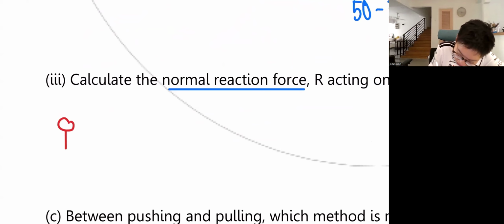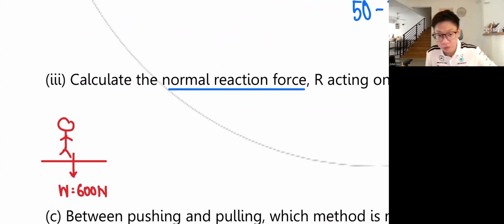So obviously, if JUNGHAO stands on the floor, my weight is let's say 600 Newton. As you can see, I'm not very fat. Can you tell me what is the normal reaction force?